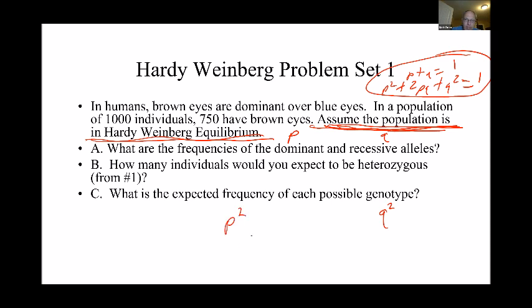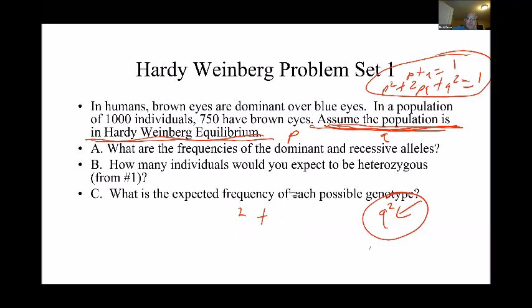Because remember, even though their genotypes are different, their phenotypes are the same. These 2 look the same because they both have a dominant allele. This one has the recessive phenotype, so it's easier to separate from these other 2. So when we can find the homozygous recessive genotype, that's what we want to find first.